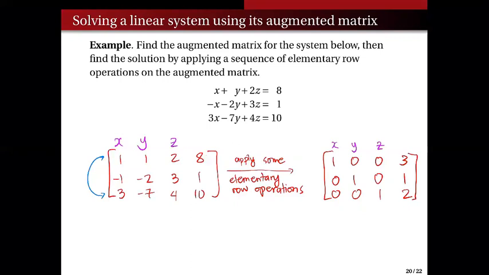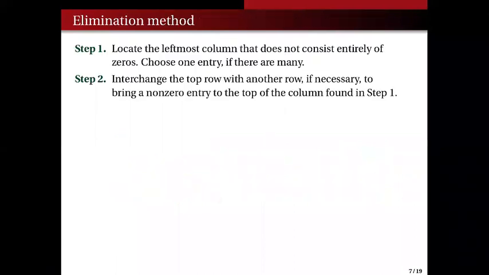But again, in our example, we initially chose the first row, so we will not do any interchanging of rows. That's our second step.